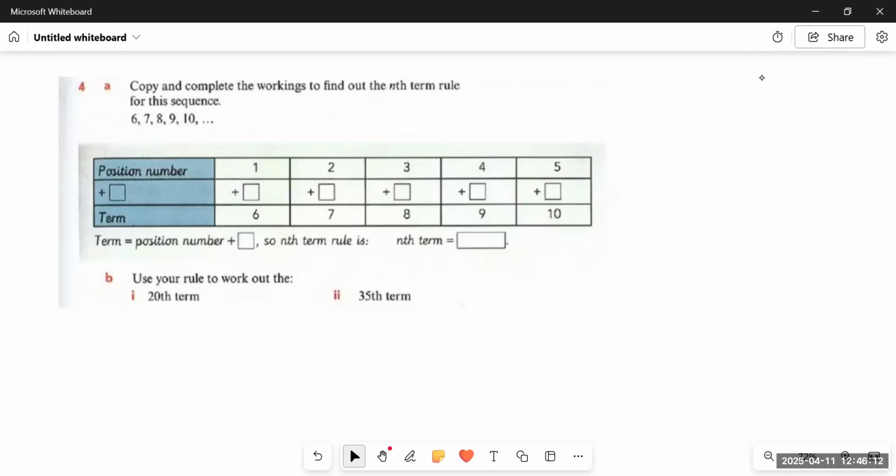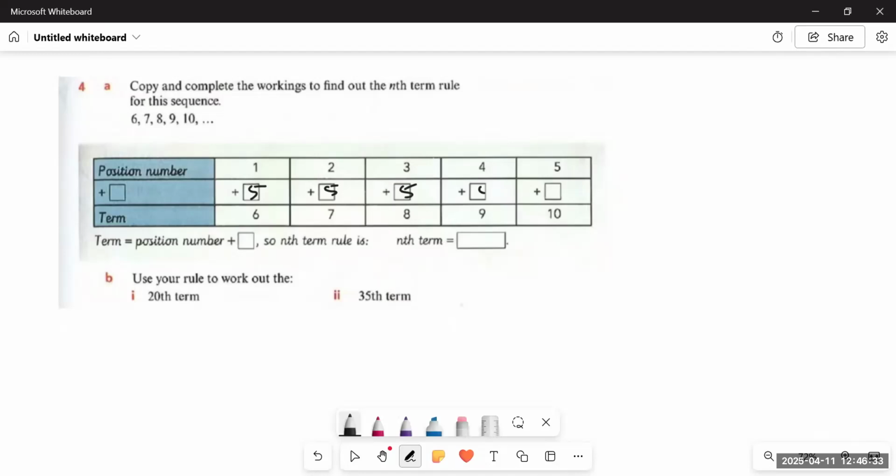So the first number is 6. What are we doing? We are adding 5 to it. Then for the second term, we are adding again 5, but we are adding 5 with 2. So whatever the position number is, we are adding 5 to get the term at that position.